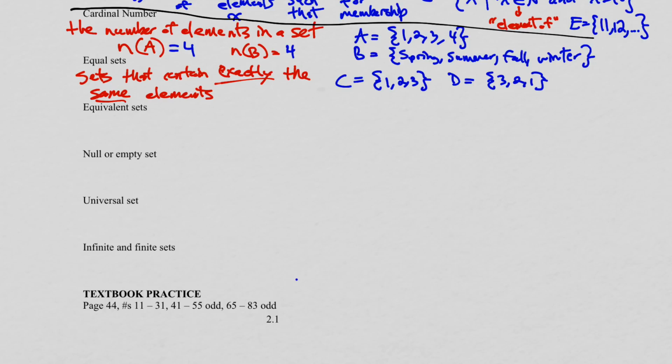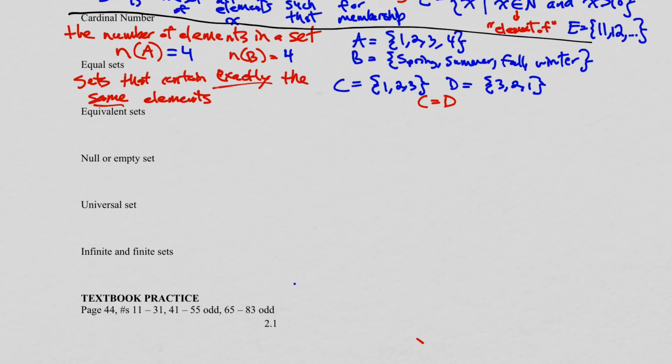Okay, C and D. So we would say that our conclusion then would be that C equals D. Okay, they have the same exact elements, so they are equal sets.